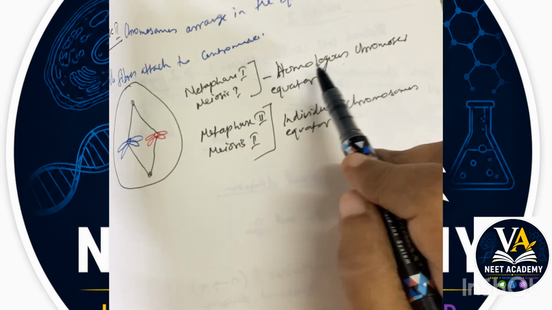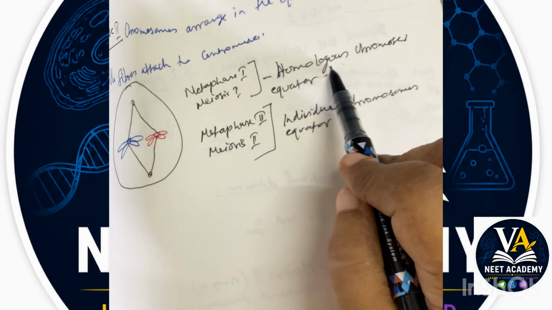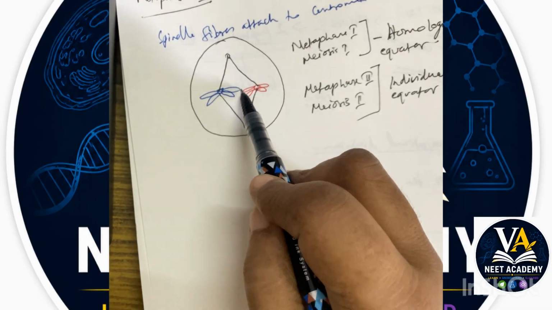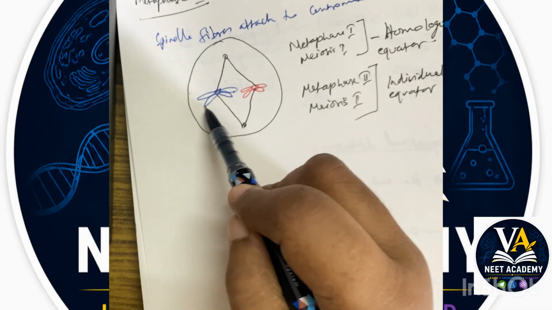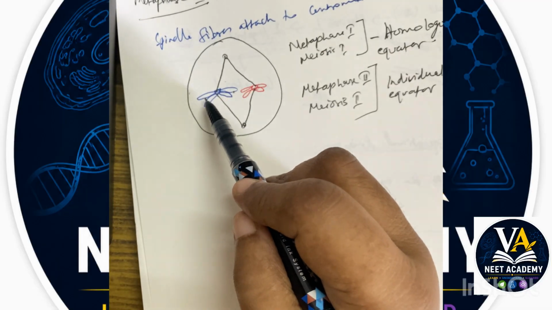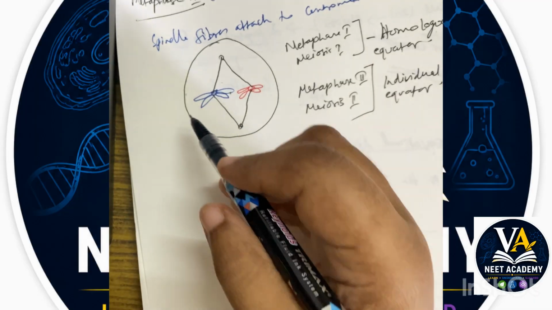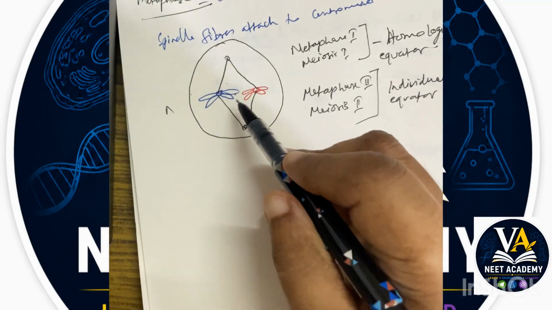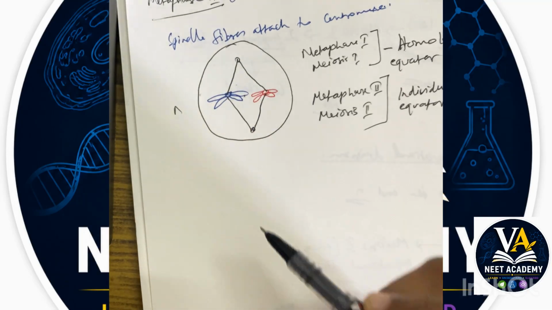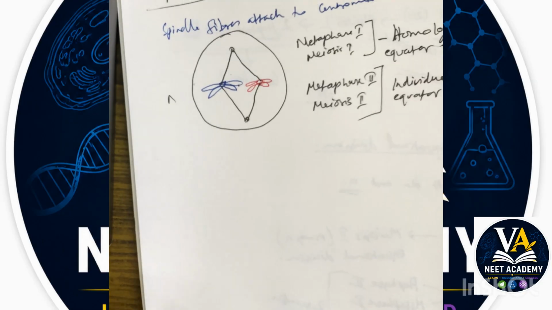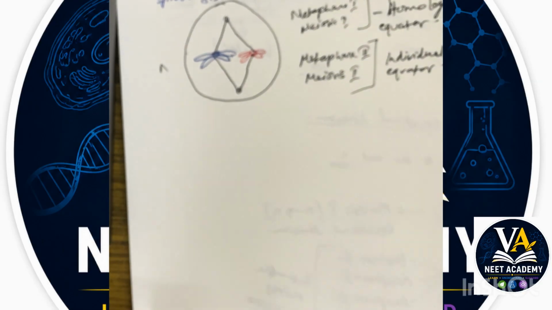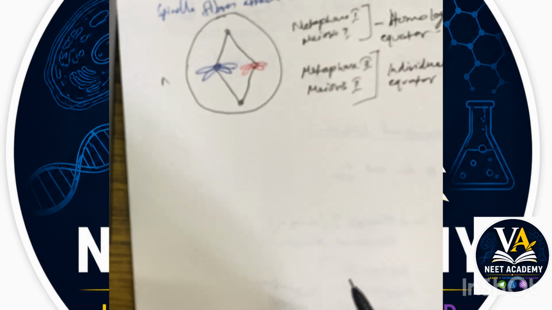Homologous pairs means one from the father and one from the mother. Now here we do not have a pair, we have just one individual chromosome. After shuffling, after meiosis I, this is one haploid cell having n number of chromosomes, and this is now going to undergo the process of division. Clear? So this is what is happening in your metaphase II.